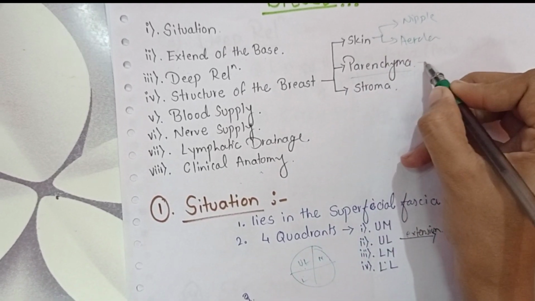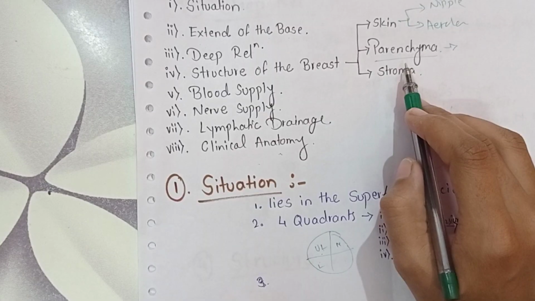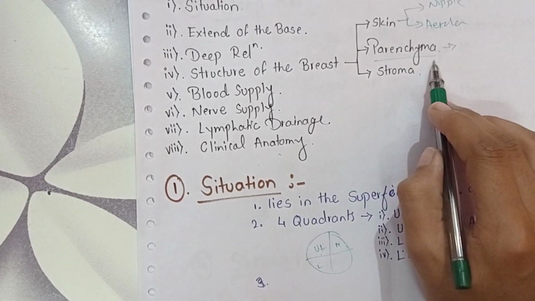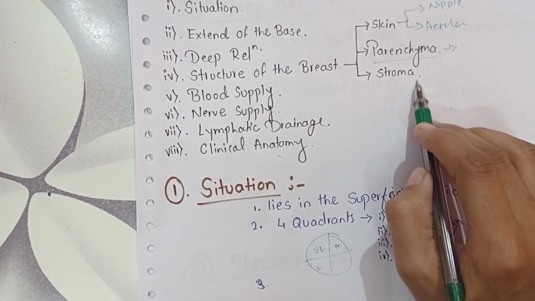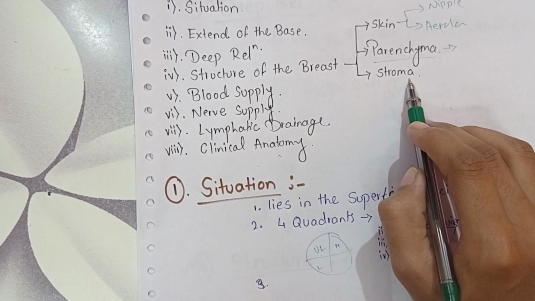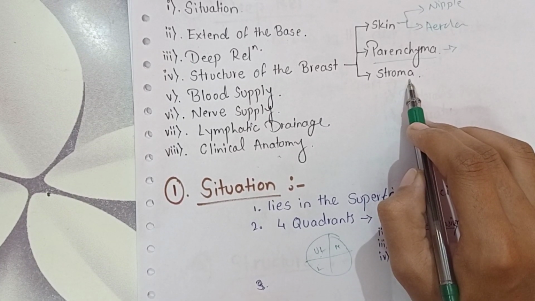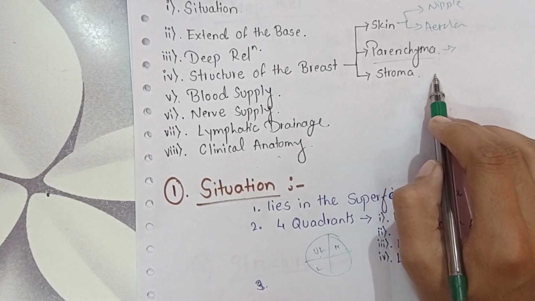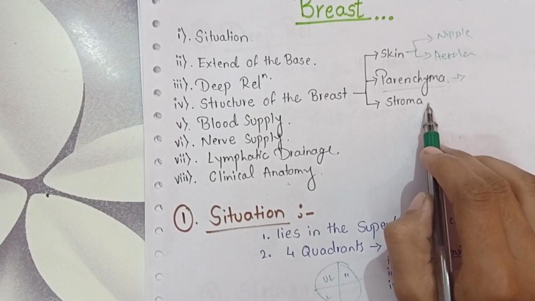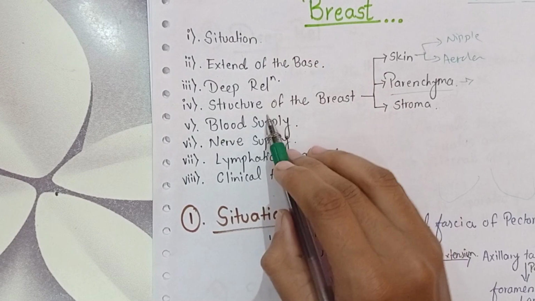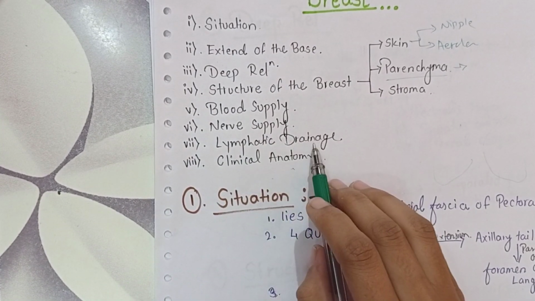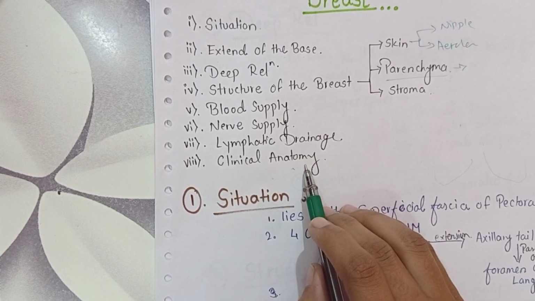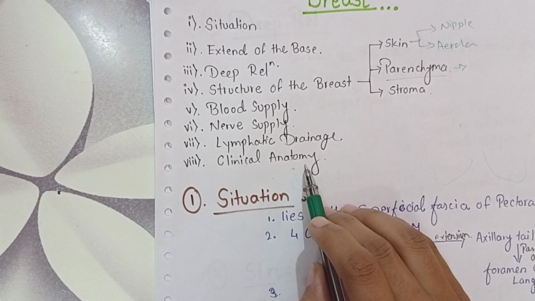In parenchyma, we have to write about the lobes, lactiferous ducts, lactiferous sinus and then the nipple. And in stroma, the suspensory ligaments of Cooper, 1 point that we have to remember. In this way, we have studied these headings, and the blood supply, nerve supply, lymphatic drainage and clinical anatomy we will be discussing in the next video.